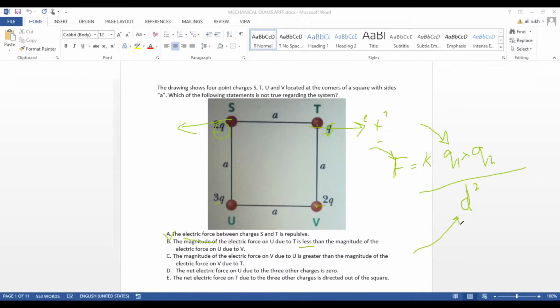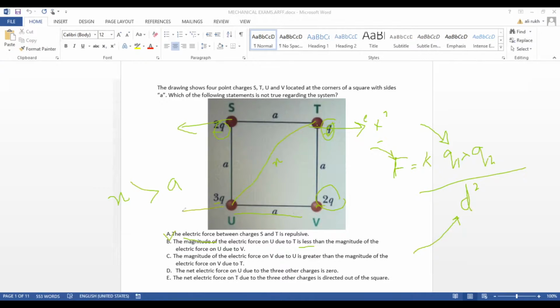The bigger the distance, the smaller the force. So you need a smaller distance and bigger charge. Here, between U and T, the distance is X, which is bigger, X is greater than A. That means the force here will be smaller due to distance. And again, the magnitude here is Q, and here is 2Q.